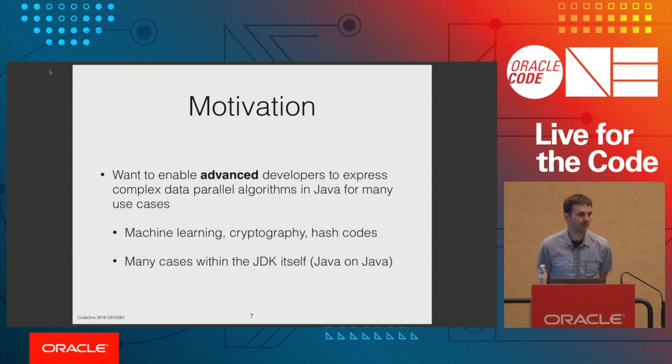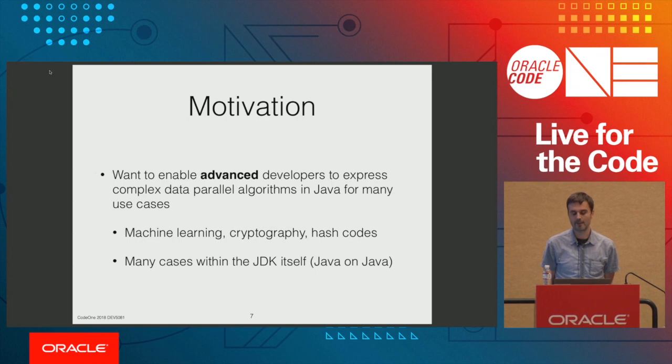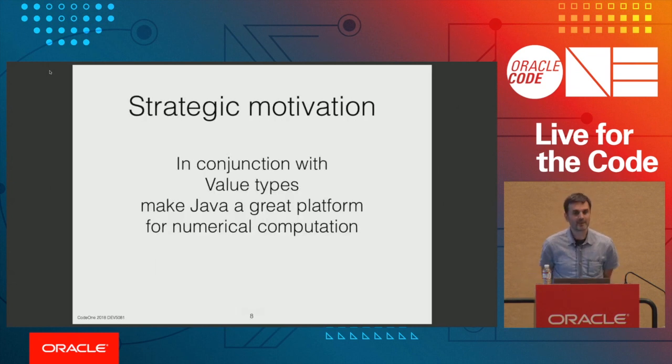This is for stuff like machine learning, cryptography, hash codes, and lots of use cases in the JDK, Java on Java itself. If we can leverage this within the JDK itself, I think it helps us code stuff more efficiently, faster, and safer. There's also a big strategic motivation here, and that is in conjunction with value types. We want to make the Java platform a really great platform for numerical computation in general.